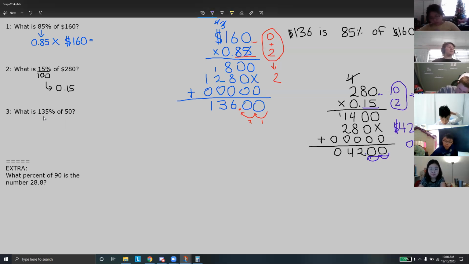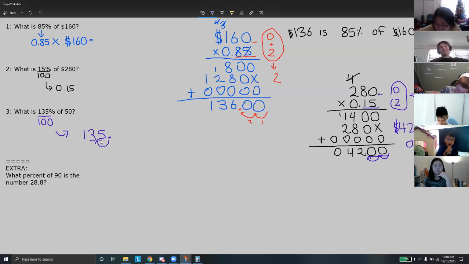So 135 divided by 100. I could divide by 100 in my head. You see, this is where the decimal is right now, right? If I move the decimal to the left once, that tells me what that number divided by 10 is. 135 divided by 10 is 13.5.